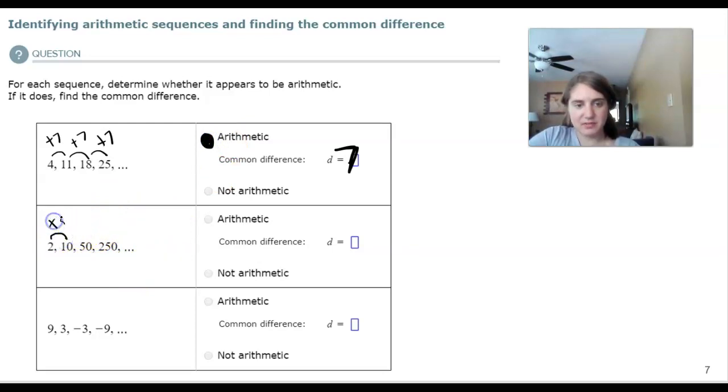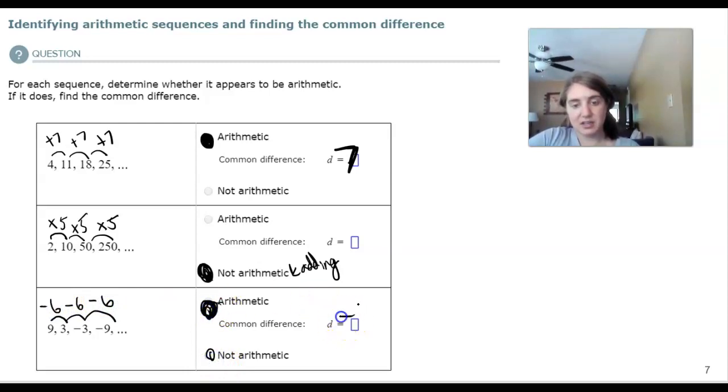That's times 5, times 5, times 5. So even though there's a pattern, it's not arithmetic. Arithmetic, remember, that's adding. Go ahead, pause the screen, try this last one by yourself. Minus 6, minus 6, minus 6. So it is arithmetic, and it's negative 6.